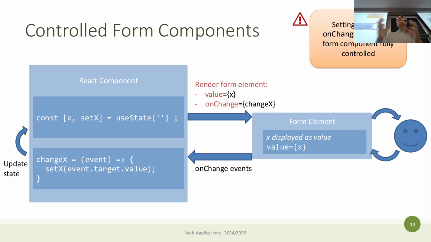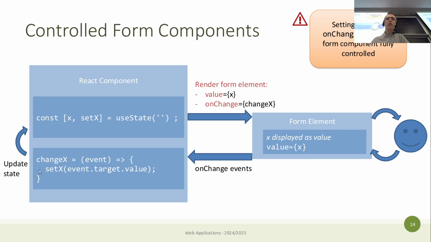And this is rendered by React. And how is it rendered? Well, in the way in which we say to render it. So we will say value equal to x. Okay, x is the variable that in React contains the state. Okay, and we will also set onChange equal to something that is a function that basically is fired every time the user changes something in the form element.